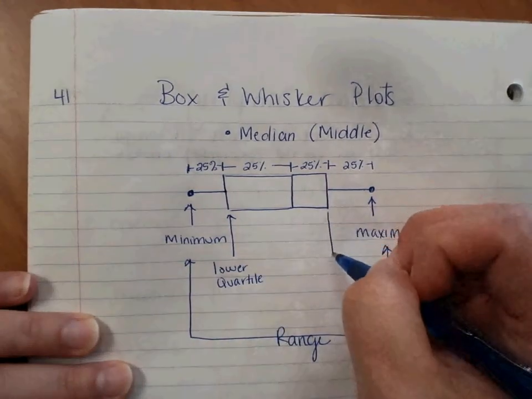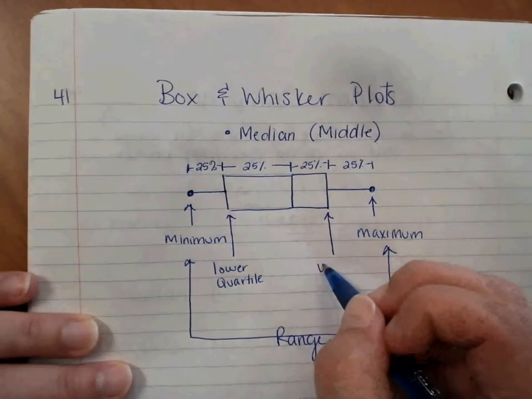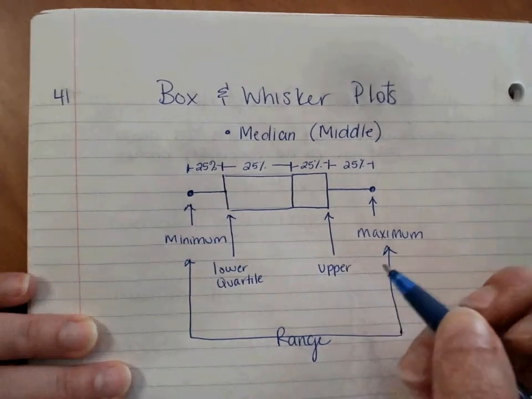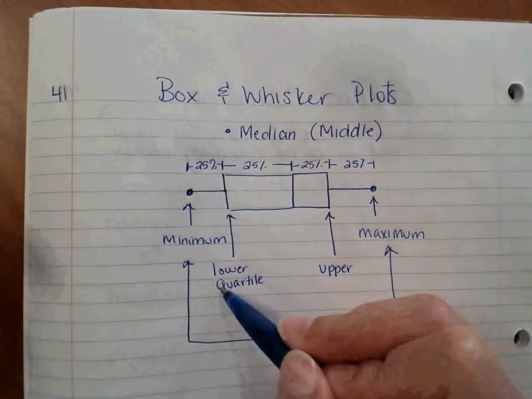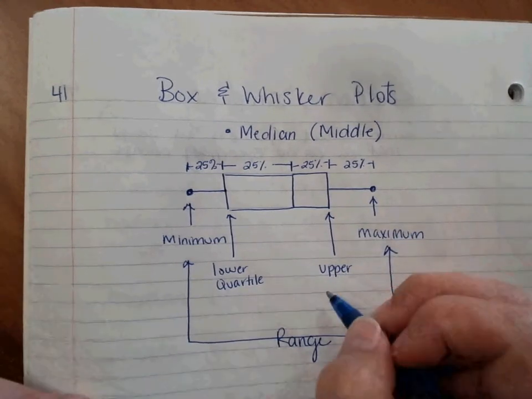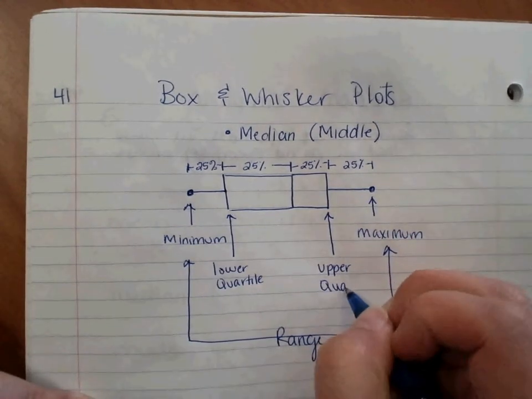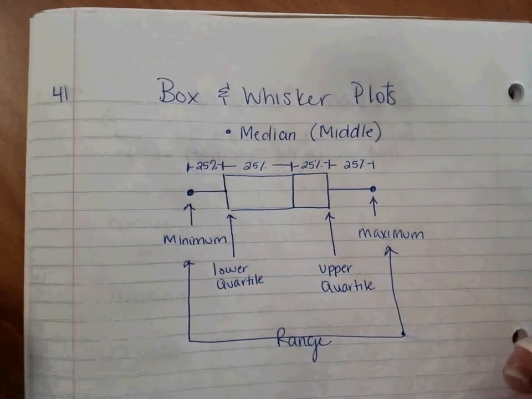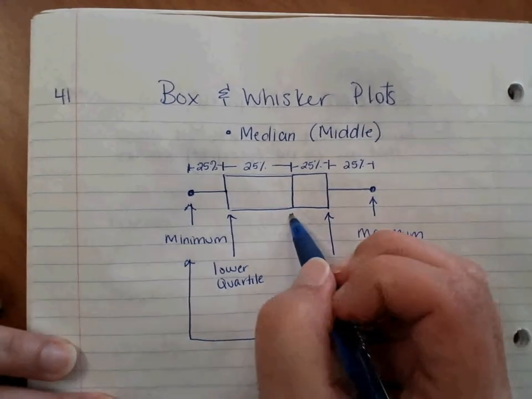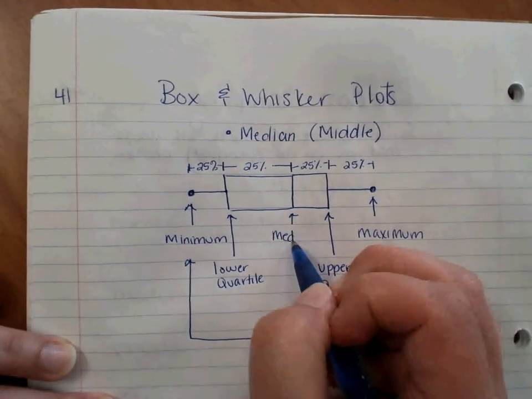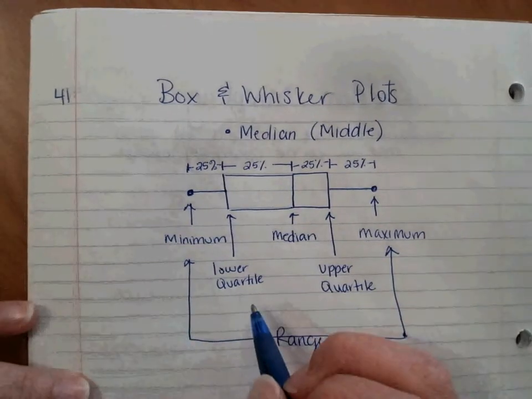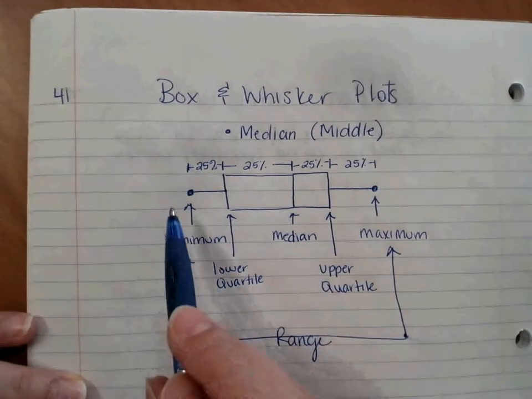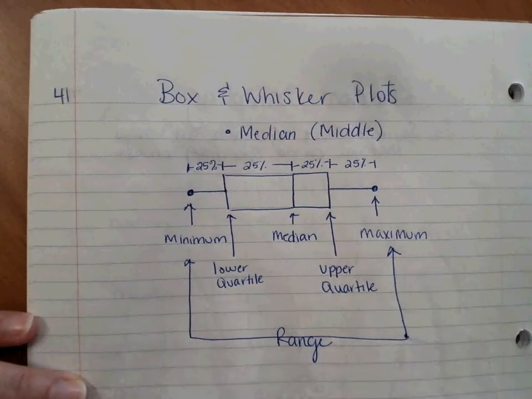Our last box is representing our upper. Remember, lower, upper, so lowest and highest. Lowest number, lowest middle. Highest number, highest middle. And the very middle line is our median, and we're going to show you how to work those out this week. So our range is from the minimum to the maximum, lowest number, highest number.